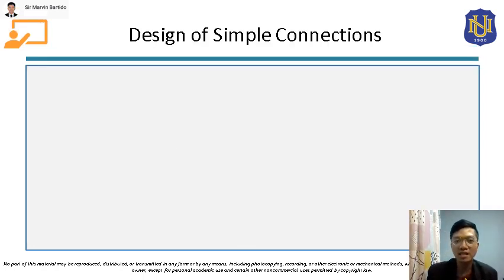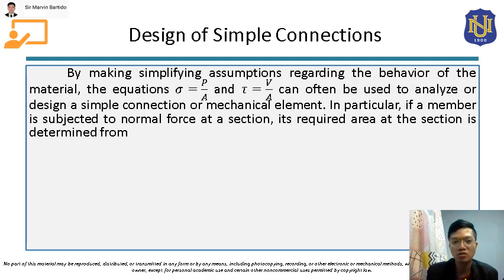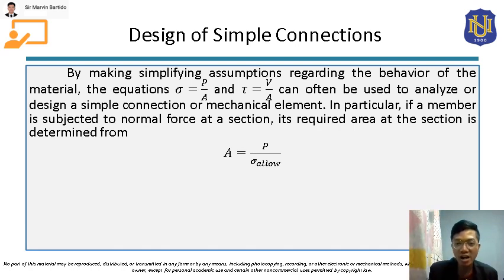So using allowable stresses, we can actually design simple connections. By making simplifying assumptions regarding the behavior of the material, the equations normal stress sigma equals P over A and shear stress tau equals V over A can often be used to analyze or design a simple connection or mechanical element. In particular, if a member is subjected to a normal force at a section, its required area at the section is determined from this formula: the required area A is equal to the normal force P at that section over the allowable normal stress.